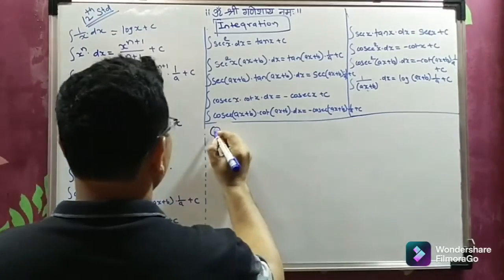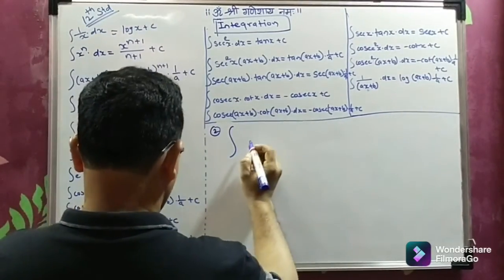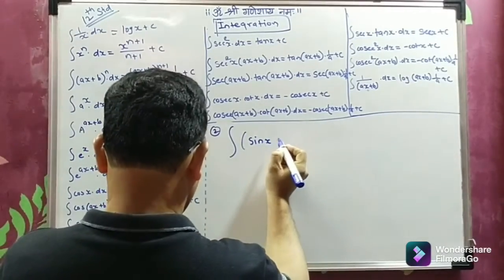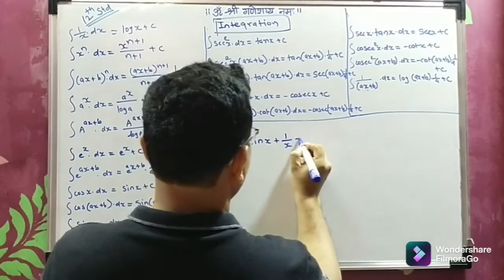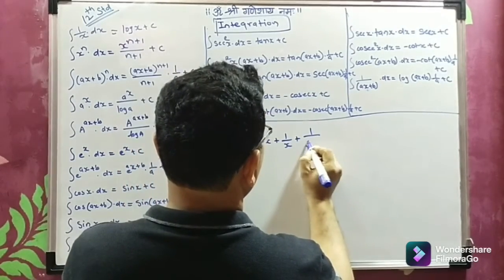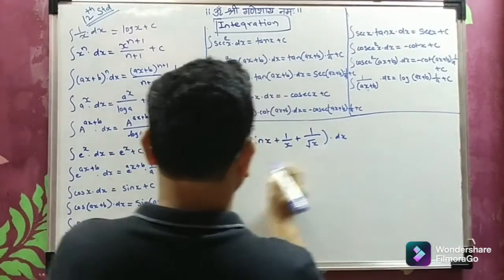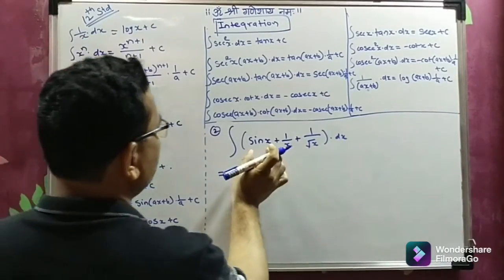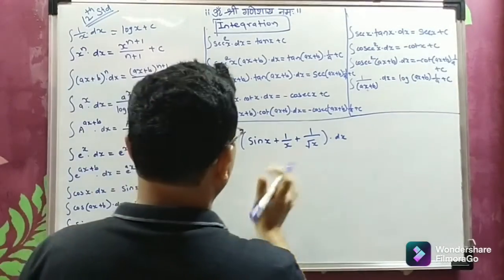Now we will solve problem number 2, that is integration of sin x plus 1 upon x plus 1 upon root x. So what we will do, we will integrate this individually.